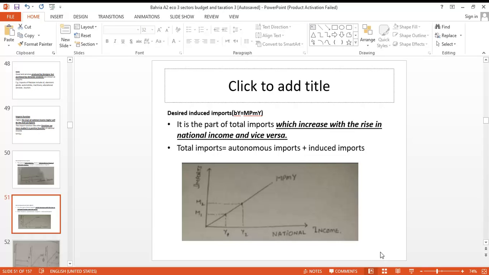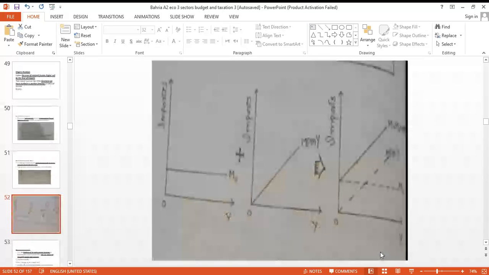So what is your marginal propensity to import? 0.6. That will be determined by the gradient of this line. Okay, the gradient of this line will determine the MPM. And what is the MPM? The change in import, delta M, divided by delta Y, the change in income.